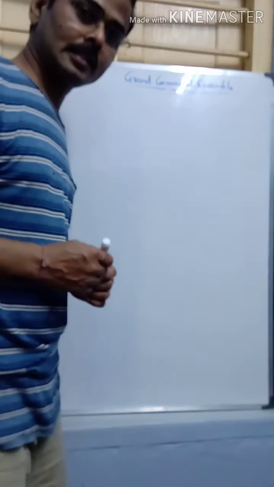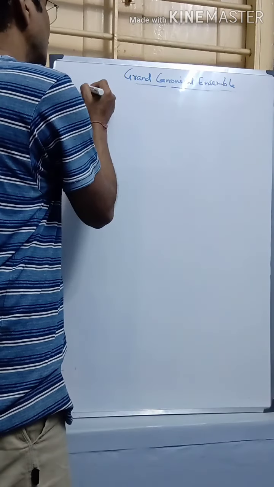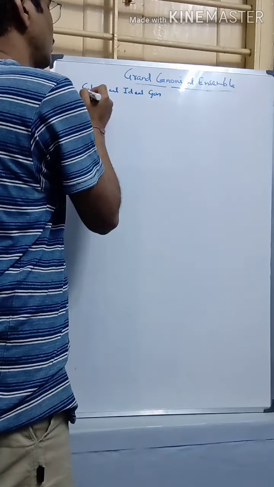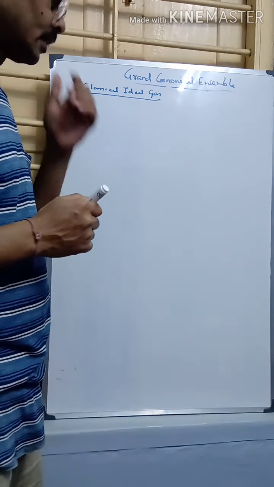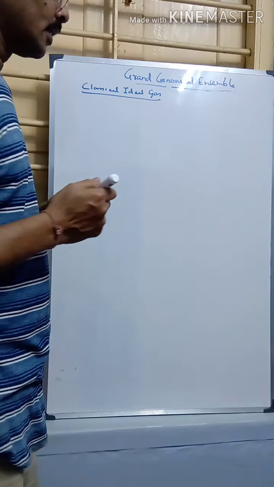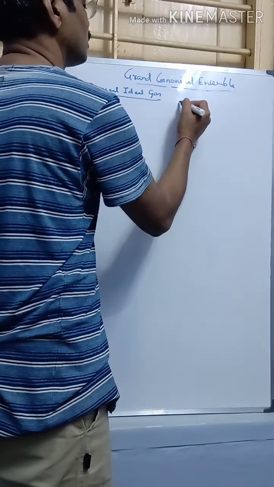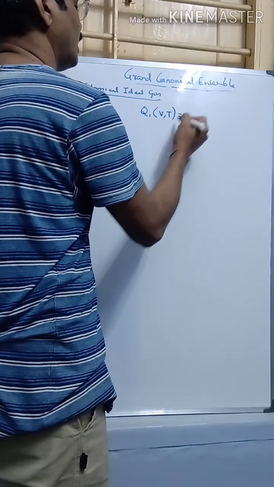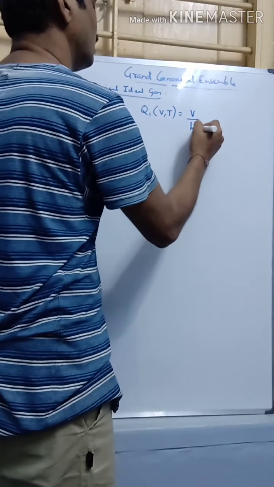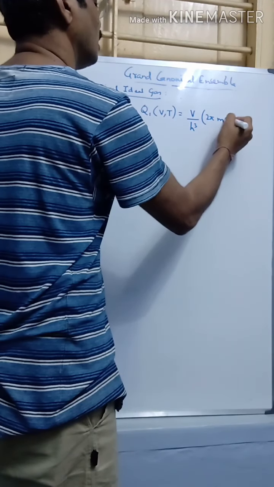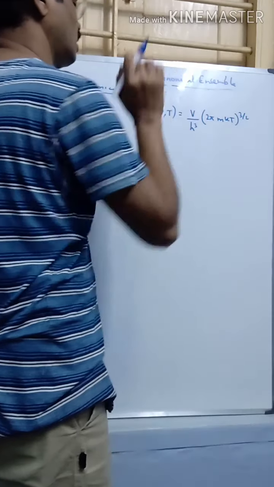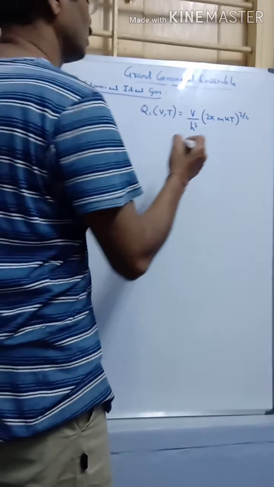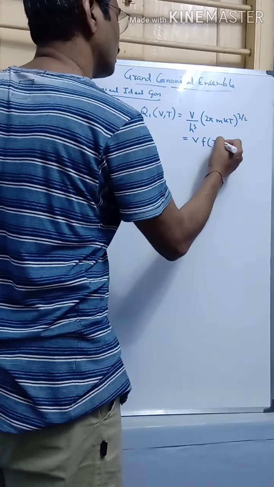We remember by now that the corresponding single particle canonical partition function for a classical ideal gas was given by V by h cube, twice pi mkT to the power 3 by 2, which can be written as V of some function of T.